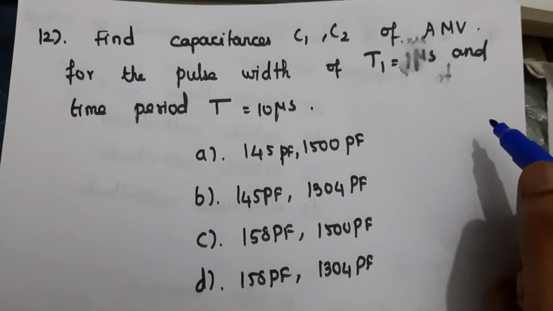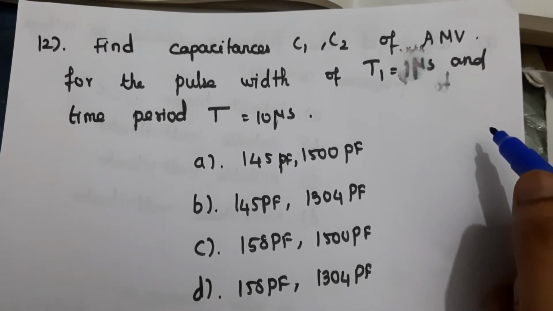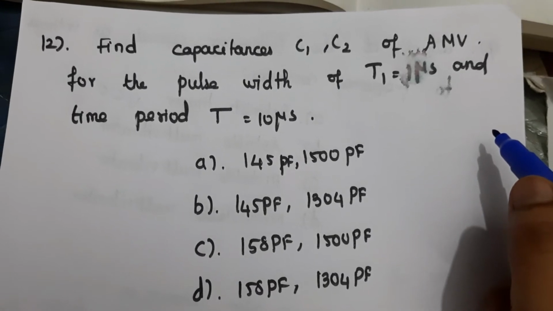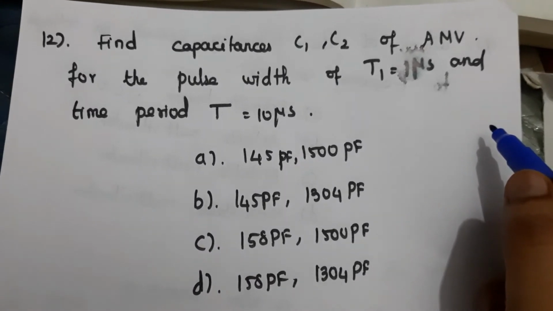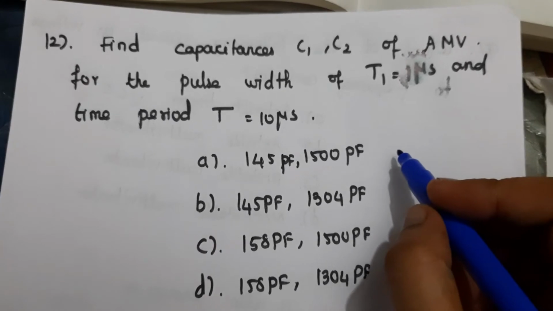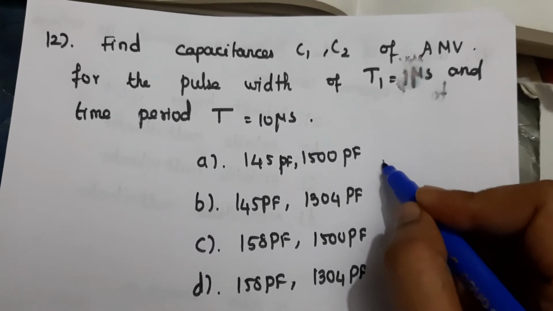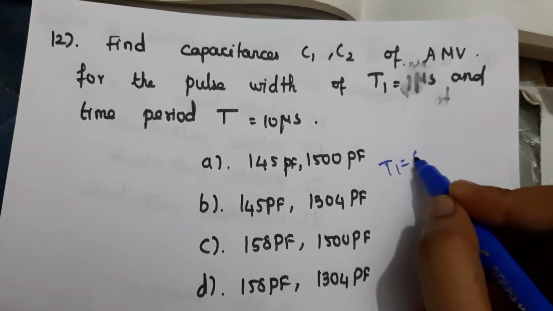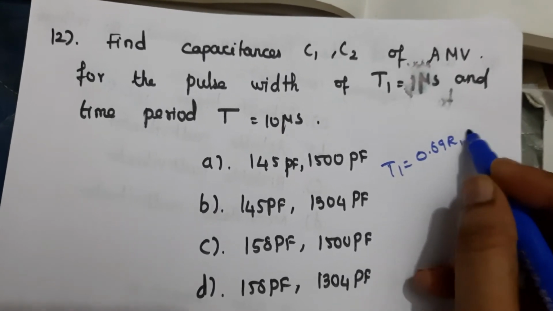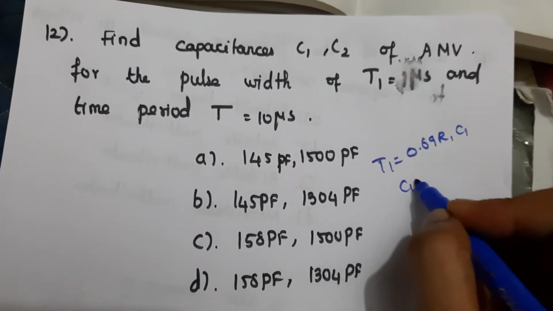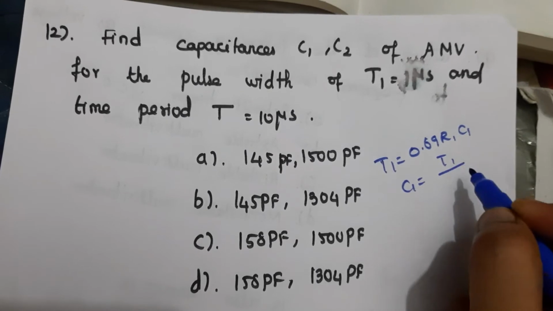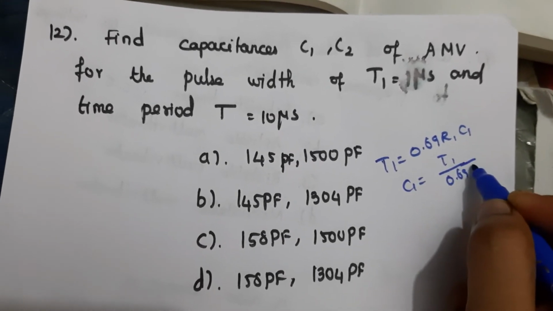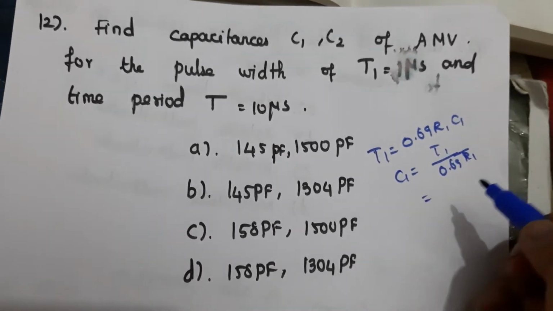12th question, find the capacitances C1 and C2 of an astable multivibrator for a pulse width of T1 equal to 1 microsecond and time period T equal to 10 microsecond. We know the formula T1 is equal to 0.69 R1 C1, and we have to find C1. So the value is T1 divided by 0.69 R1.